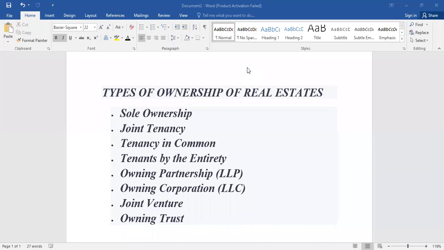This type of ownership, however, can be split into different percentages depending on the owner's equity. For example, if the property is worth 10 million, I could give 5 million, another person gives 1 million, another 3, another 2, as long as it's documented.